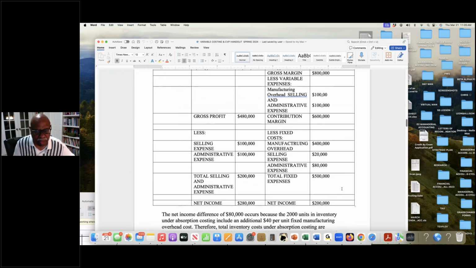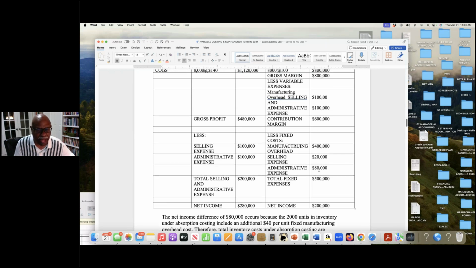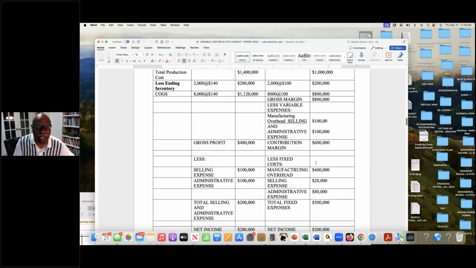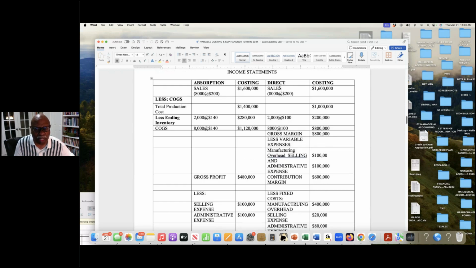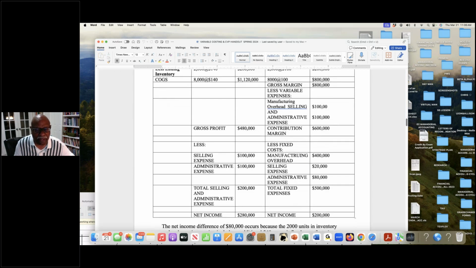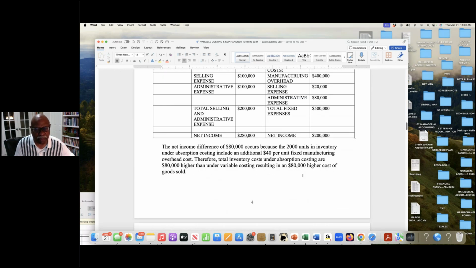So just look at that. I'm not overly concerned, but just review this format and make sure you understand this direct variable costing approach, where it's sales less the inventory cost, gross margin, less the other variable expenses, contribution margin, and then we subtract the fixed cost to get the net income.